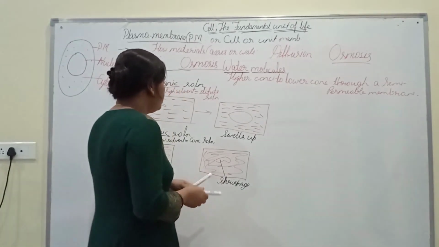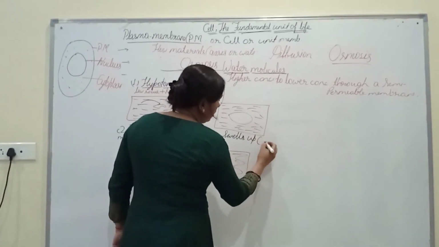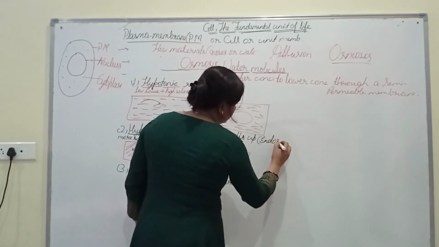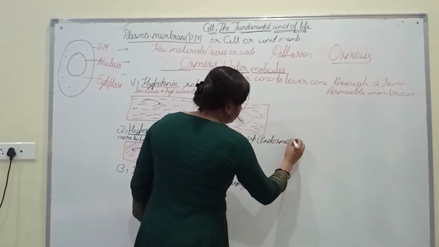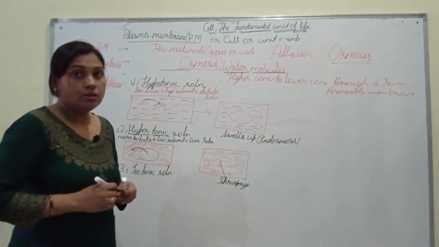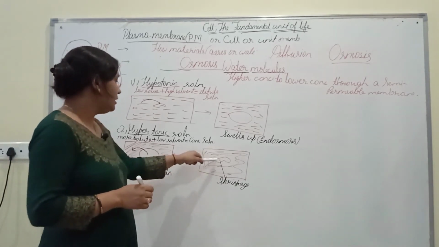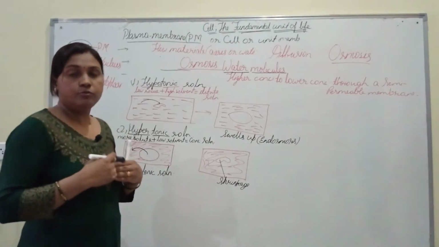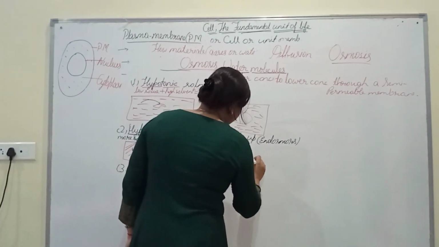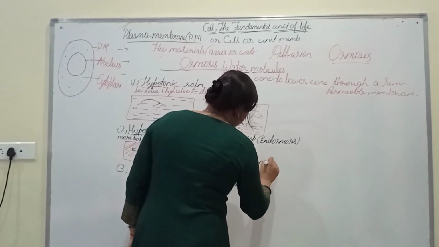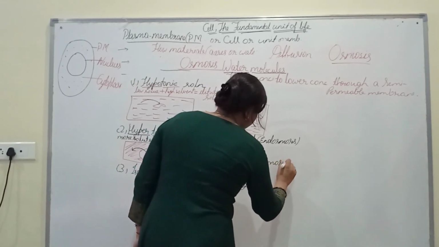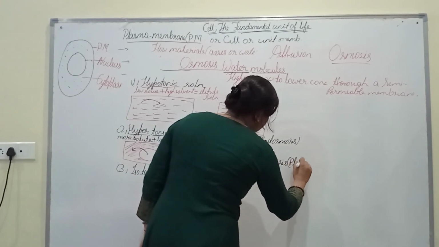This process, the swelling up of the raisin, is called endosmosis, while here the cell shrinks and movement from the cell to the surrounding takes place, so it is called exosmosis. And this is also called plasmolysis.